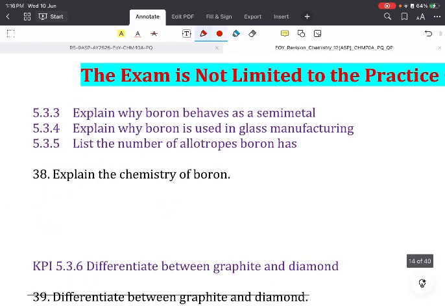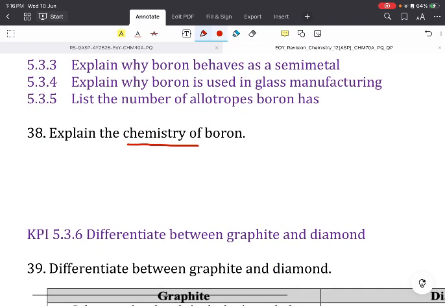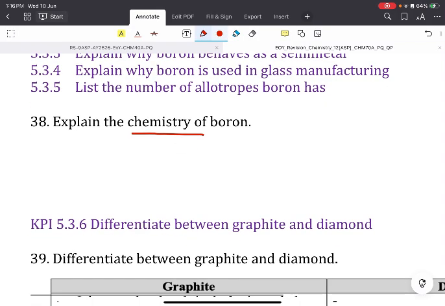Moving on, explain the chemistry of boron. When they ask me to explain the chemistry of boron, it means mention where it is located, which period, whether it is a metal or a non-metal, and some of the uses of boron. So boron is a group 13 element.